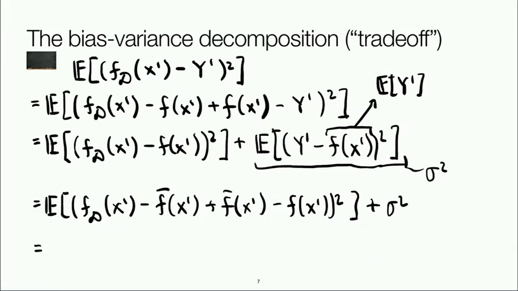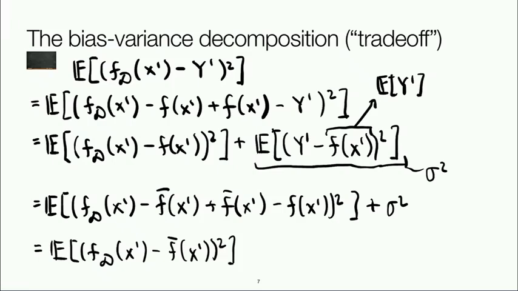What I end up getting is something that looks like the expectation of f_D, the model that I learn on this random data set D, minus f bar, which is like the average model that I could learn, right? And remember, this thing, f bar, is an expectation over f_D.